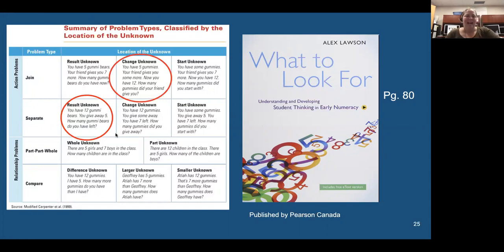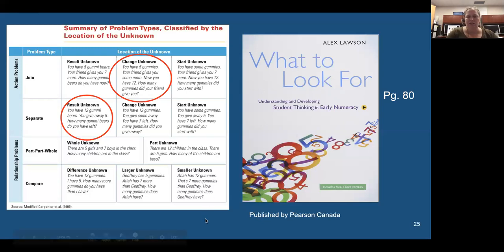So the last one that I'm going to talk about tonight is this one in this position here. It's the next easiest problem for kids after the two that we've shown. So it's sort of the next one that you would go to. And this type of problem is called a join change unknown. So this type of problem has a joining action, but where the unknown is located is different.